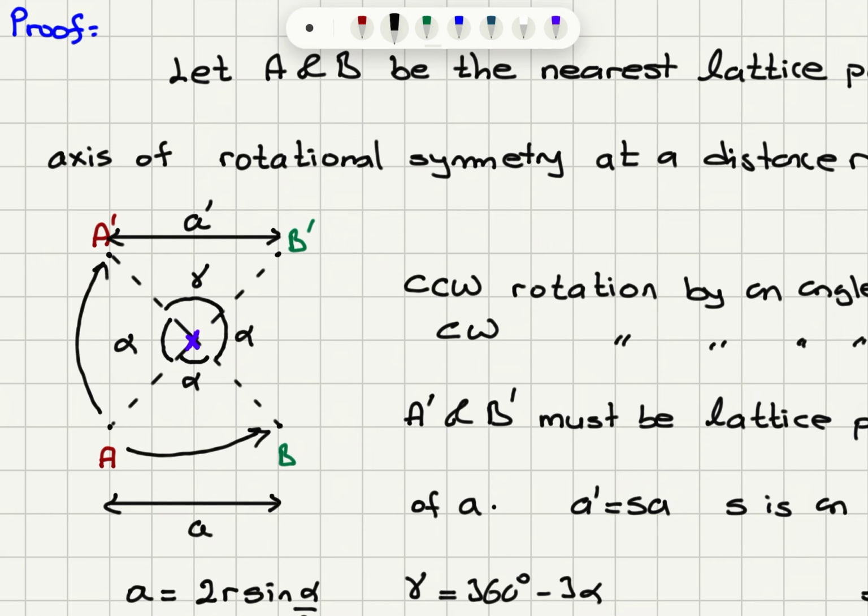And the counterclockwise rotation would take point B to point B prime also. So if this lattice has rotational symmetry for this angle of rotation alpha, A prime and B prime would be two lattice points that are at a distance a prime from each other, but they should be lattice points.